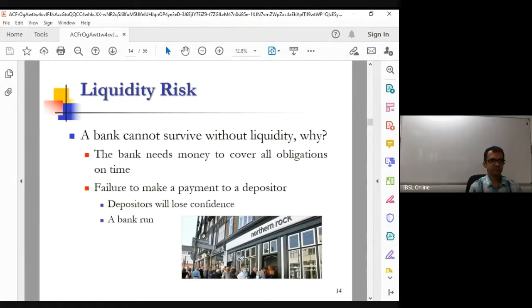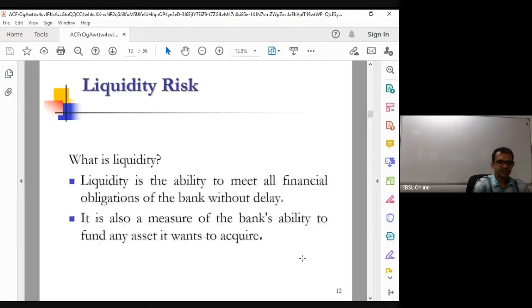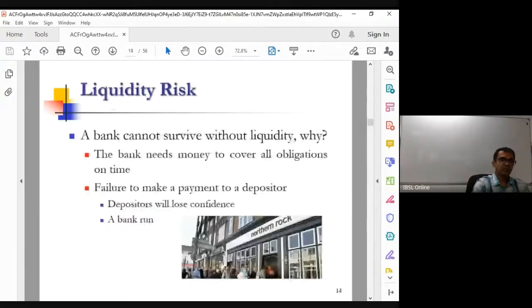So bank should be liquid at all times. That means the bank should be able to meet its obligations towards all these stakeholders. It may be a depositor, or maybe another bank, or maybe a borrower, or maybe the government, like paying tax and things like that.